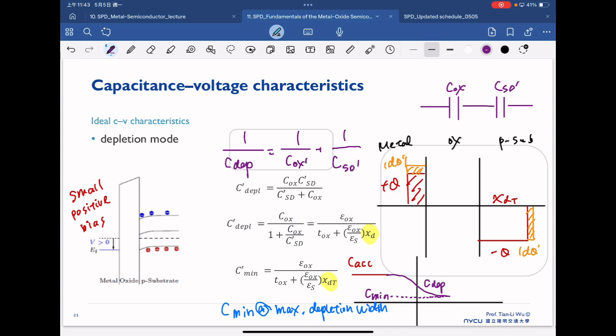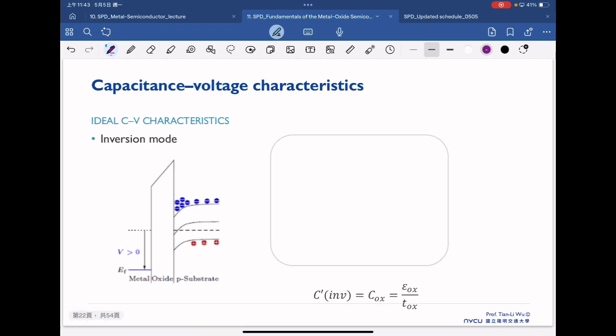So now the next one is we will start to apply a large gate bias. So now we have a large gate bias. We consider this large gate bias.